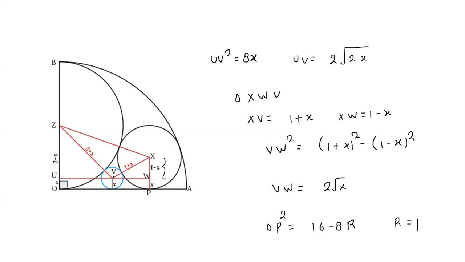So this distance is 1 minus x, and from the V point to the X point, this distance is 1 plus x. So we can calculate this VW after applying the Pythagorean theorem in the triangle XWV as VW square is equal to (1 plus x) whole square minus (1 minus x) whole square. After simplifying, VW value will come as 2 times root x.